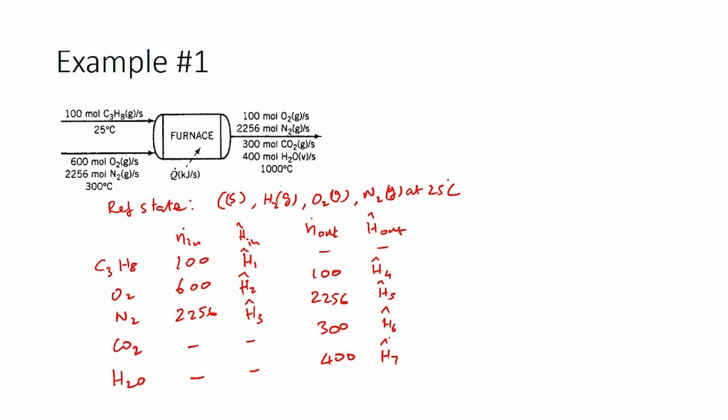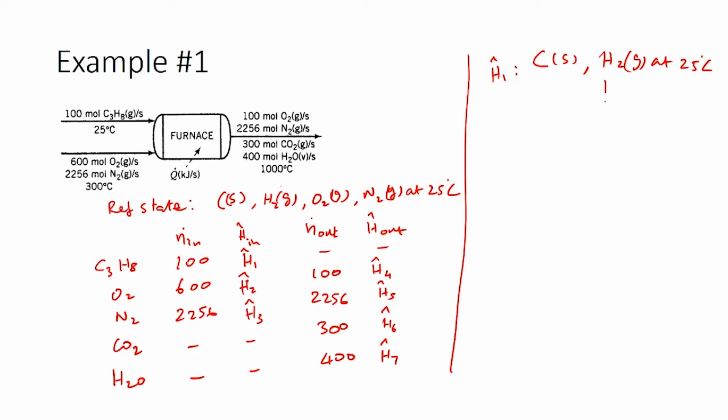Let us now see what is actually the process where this enthalpy is being formed. Let us look at H1 cap. So, what is H1 cap? You have the reference state, which is carbon solid and hydrogen gas all at 25 degrees Celsius and 1 atmosphere, going to C3H8 gas at 25 degrees Celsius.